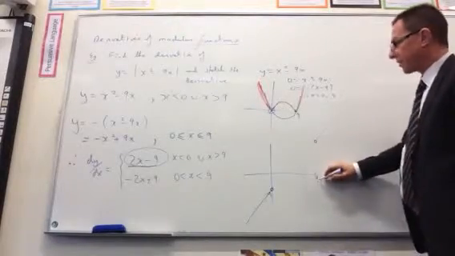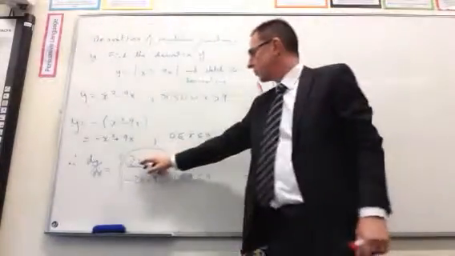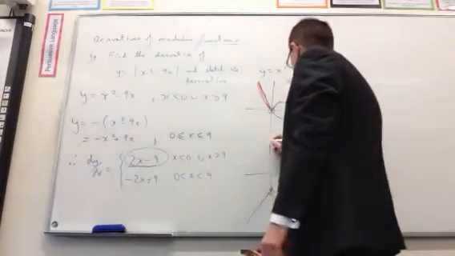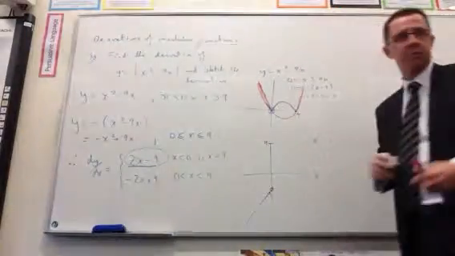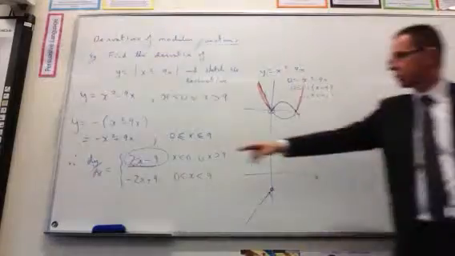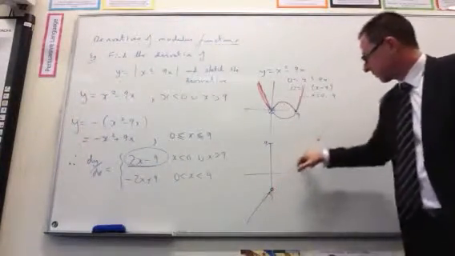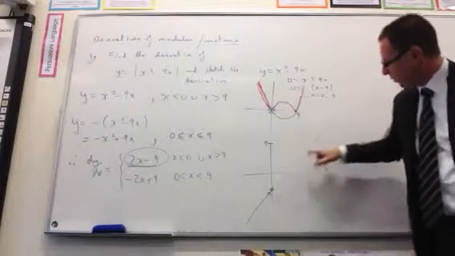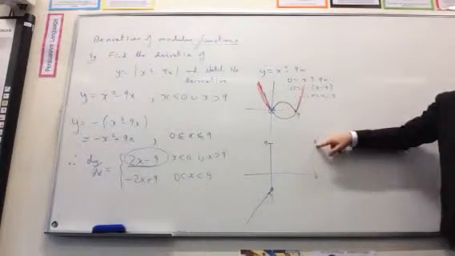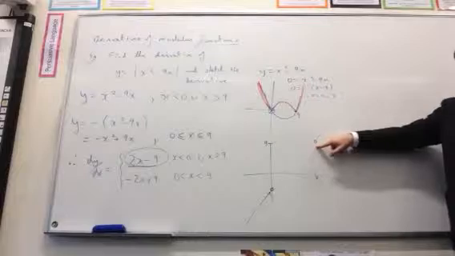Okay? When 9 goes into that equation, 2 9s are 18, take away 9. So that corresponds with 9. So I just took that one, drew a straight line, rubbed out the bit in between. Open circles, vital, because you can't find derivatives at those points.